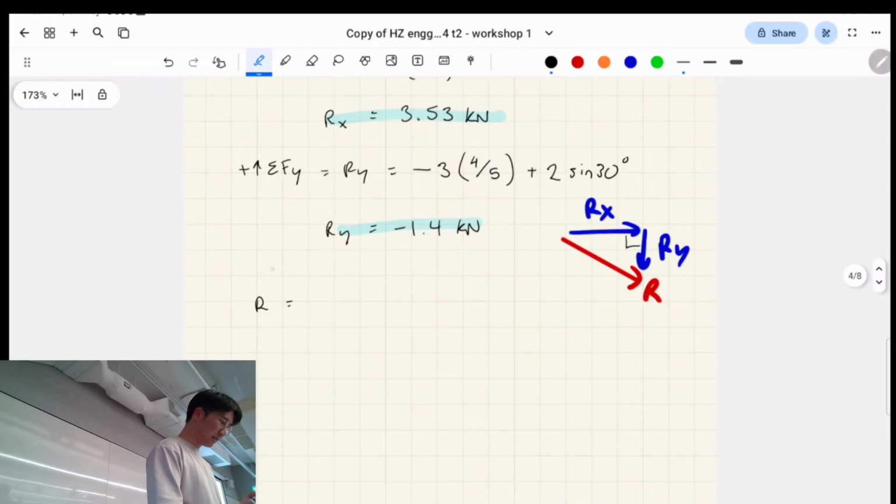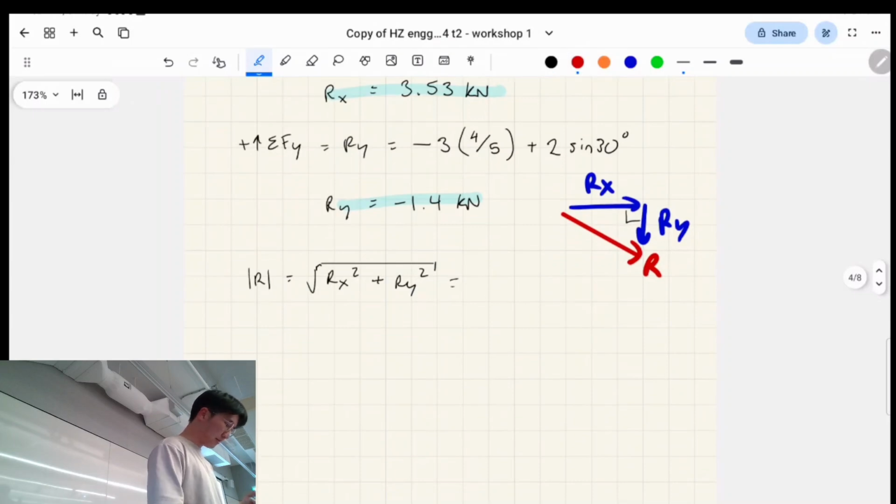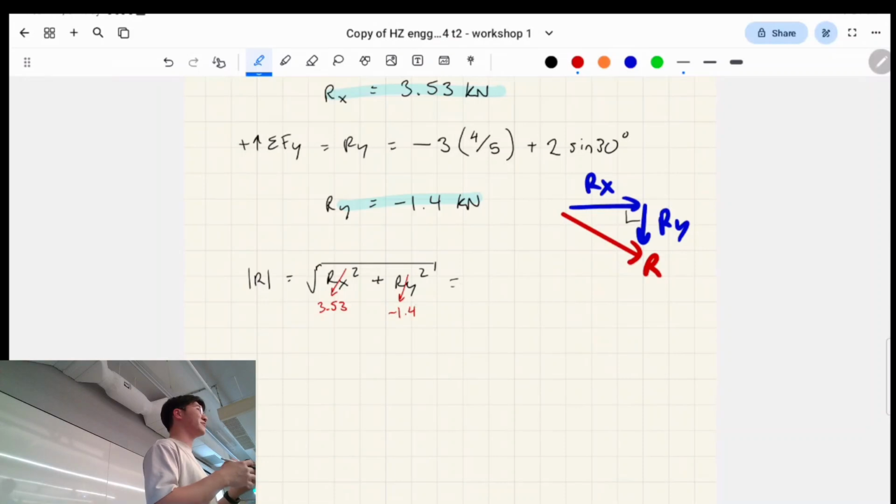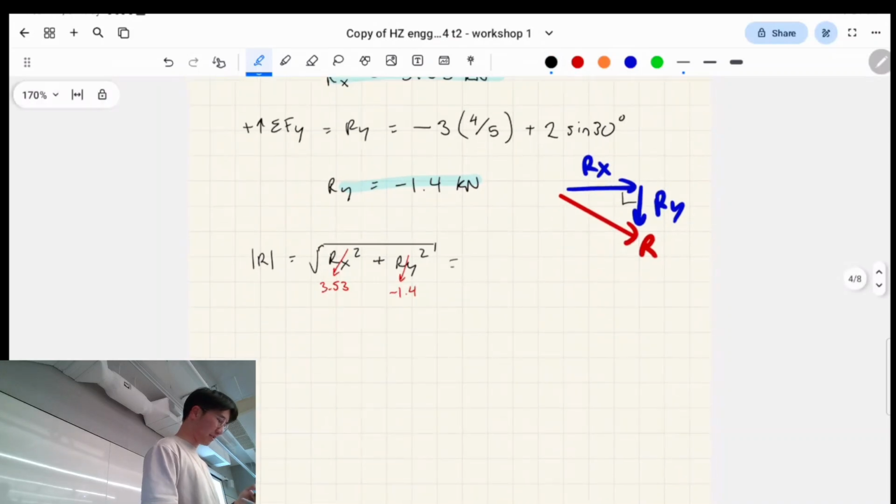So R, in absolute value here, is just plugging in Pythagoras' theorem. You sub in these numbers. This one's 3.53. You can sub in negative 1.4, or also 1.4, because it's going to be squared and square rooted, so it'll take the magnitude anyway. This will give us 3.8 kilonewtons, yeah?